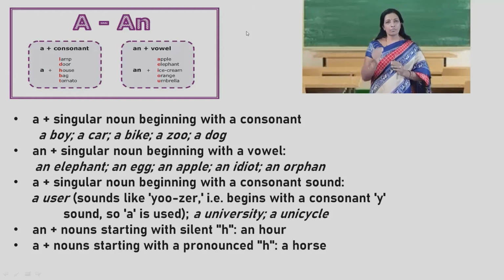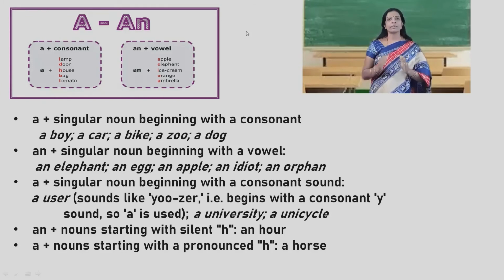Similarly, when the first sound is a vowel sound, then again you have to use "an" before it. For example, "an hour." Now, though the word "hour" begins with H, which is a consonant, while pronouncing it, the first sound which comes out is a vowel sound.